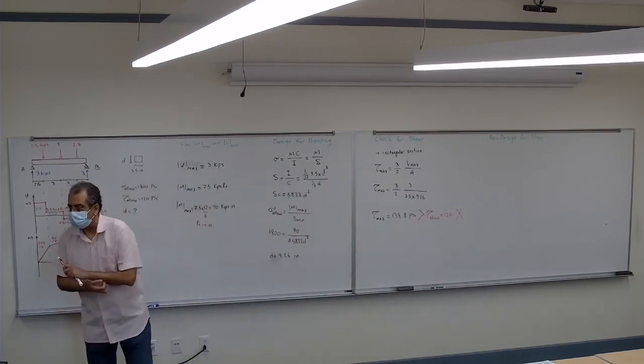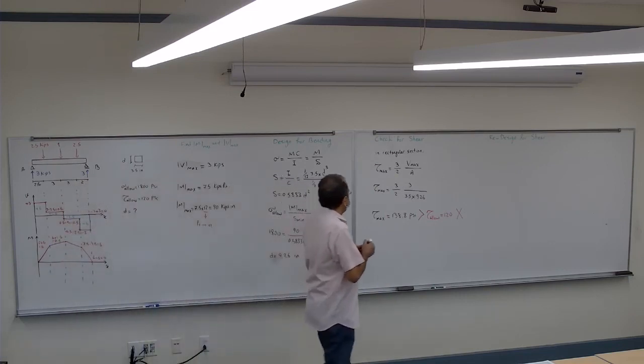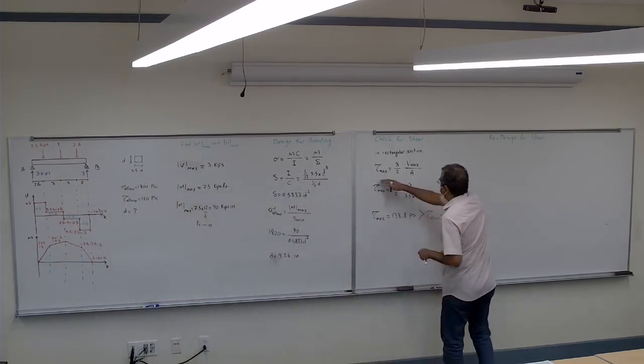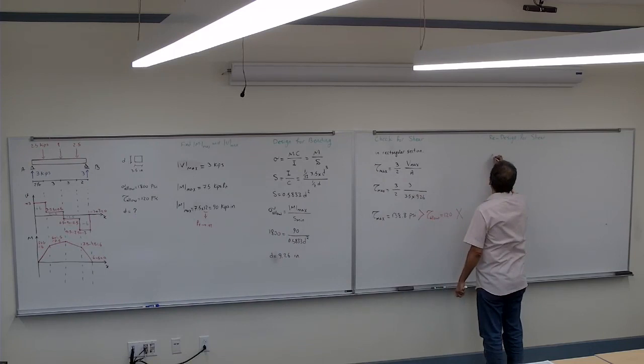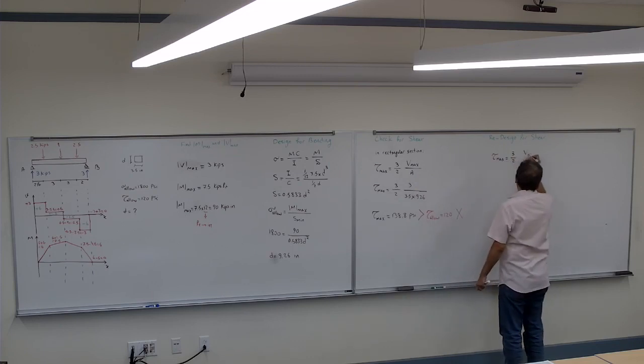So if I want to redesign it for the shear, I know the tau max is 3/2 of V max divided by area.